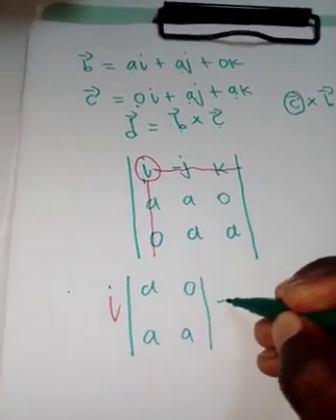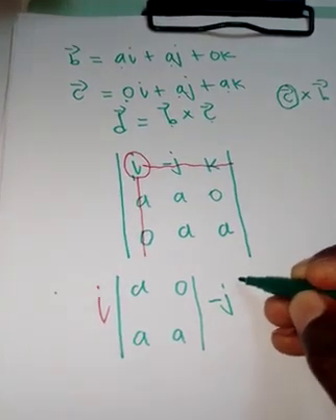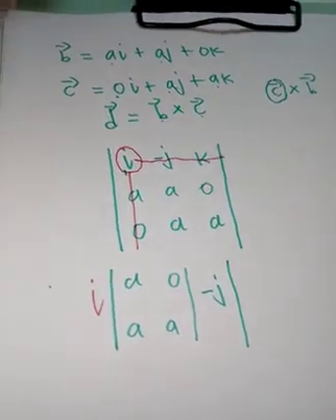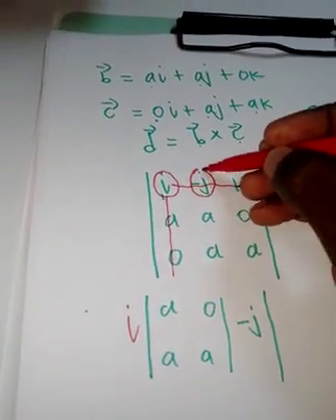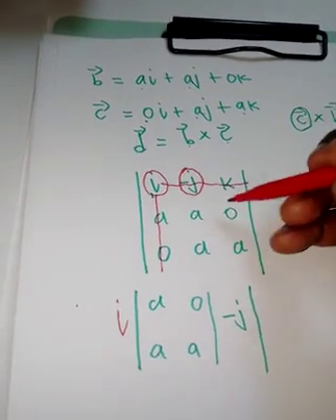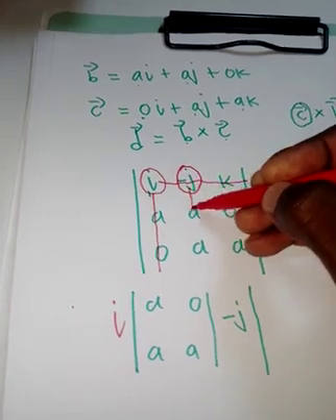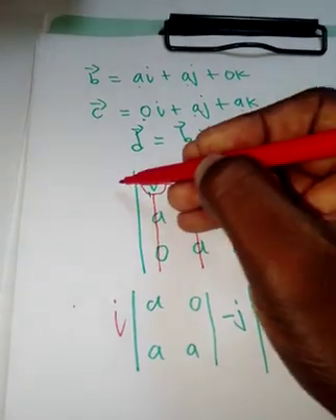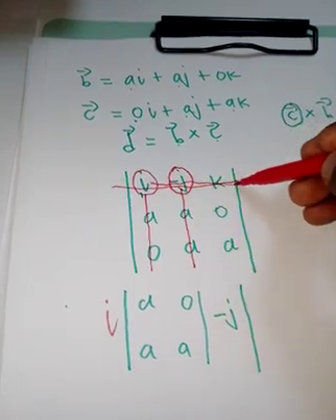Then let's say negative j. If we pick negative j there, it means that the entire column of negative j should be eliminated. So this entire column should be eliminated, and the entire row, this one, should be eliminated.